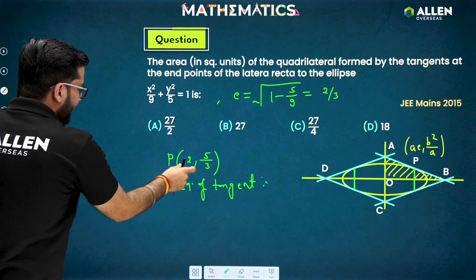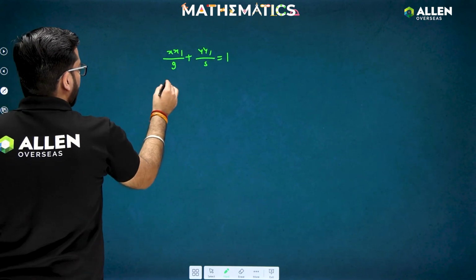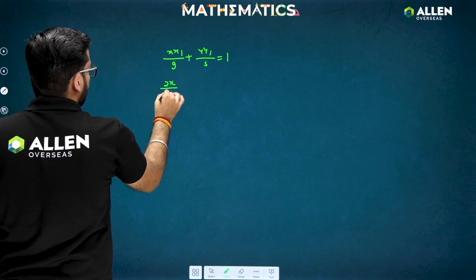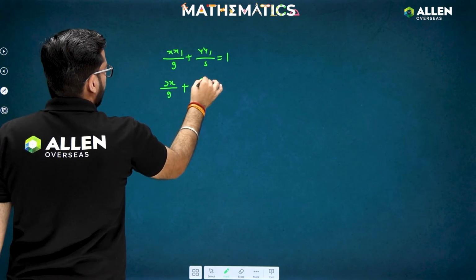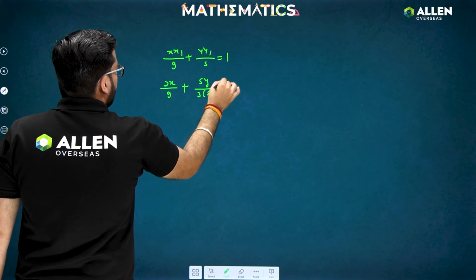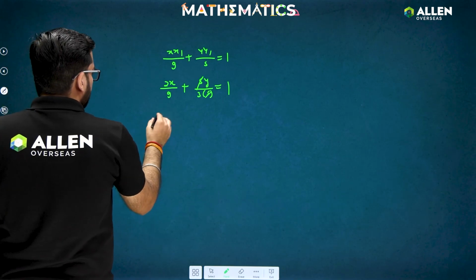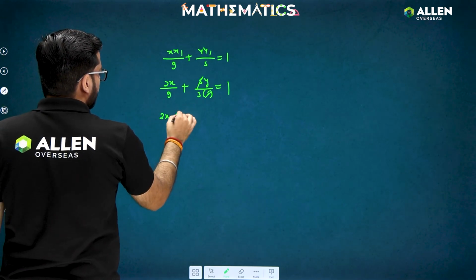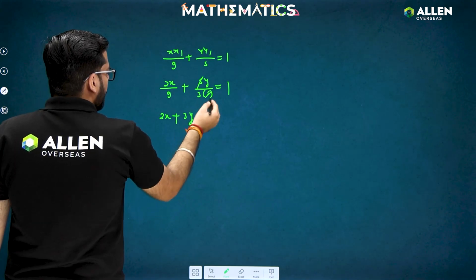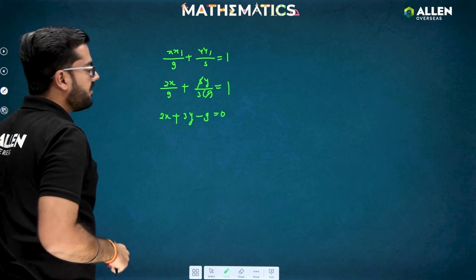Now we have P, that is (2, 5 by 3), as the point of contact. So I am going to write here 2x upon 9 plus 5y upon 3 into 5 equals 1. So 5 will get cancelled. We have the equation, that is simple, 2x plus 3y minus 9 is equal to 0, you can say. This is the equation of the tangent.